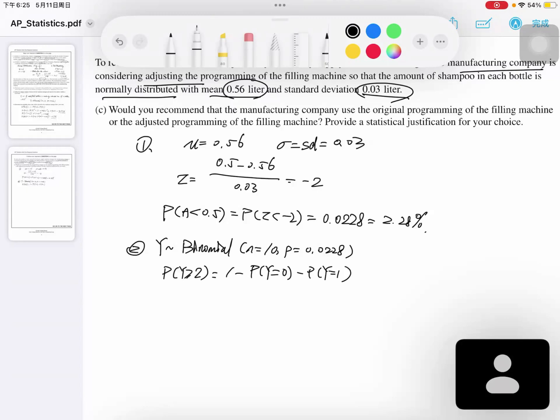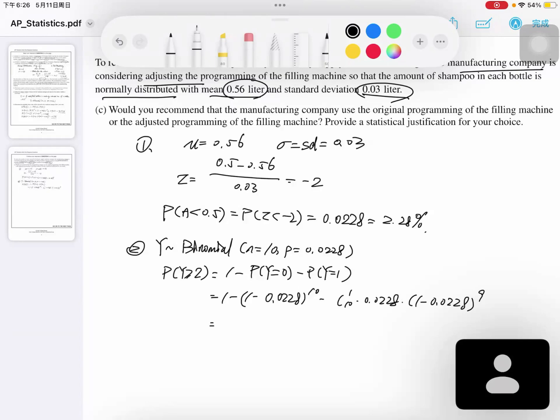The probability of 0 can be computed as (1 minus p) to the power 10, and the probability of 1 equals the combination of 10 choose 1 multiplied by the probability multiplied by (1 minus the probability) to the power 9.